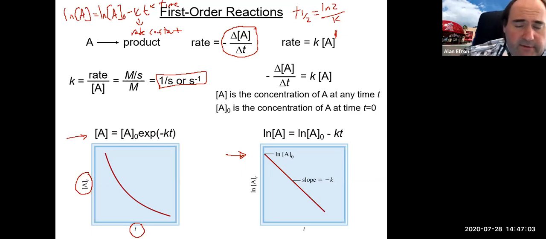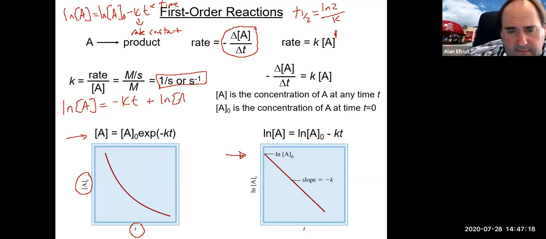Now, the graph that we usually associate with the first order is the one on the right, and that's because if we rearrange that integrated rate law like we talked about, and write it like this, this is the first order kinetics equation in the form of a straight line.